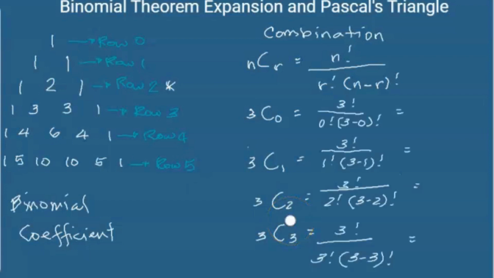So using the combination formula, we'll get 1, 3, 3, 1, which are the binomial coefficients in row 3.